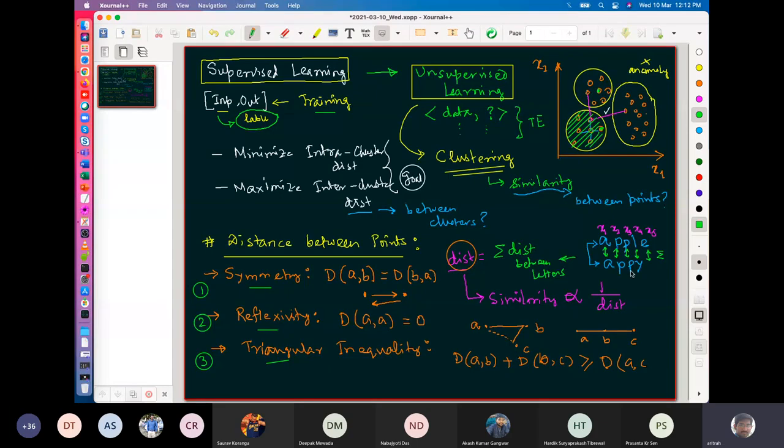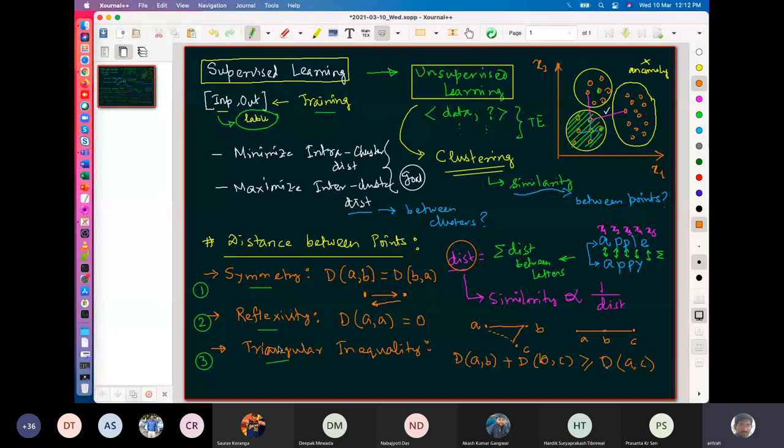Triangle inequality will just be equal for all these cases because we are just adding up to find the distance in the alphabet series. So this is the first consideration, that we need to find a distance or similarity matrix by having a formula inversely proportional to it, and whatever be the distance between the points should follow these three principles.